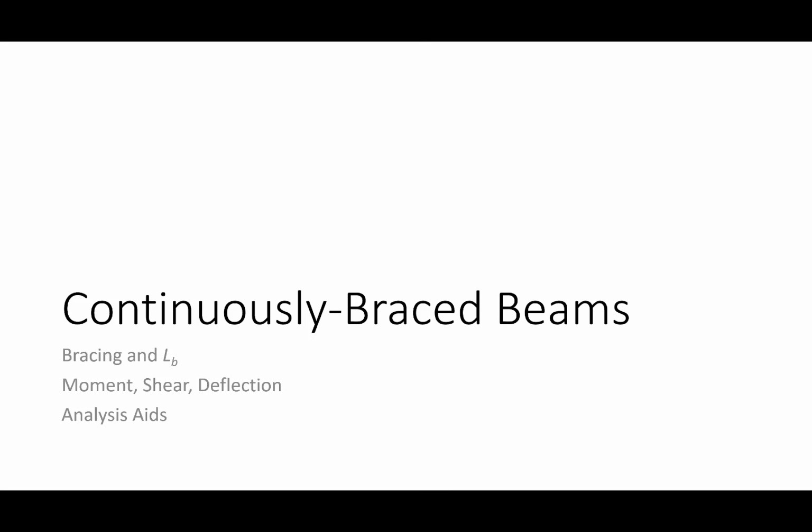And I haven't talked yet about what LB is, but for the sake of our discussion, LB is going to be the distance between braces, or how slender the beam is. Okay? And as the beam gets more and more slender, it's going to get weaker. Okay? So what I'm going to say is that capacity is going to trend downward.